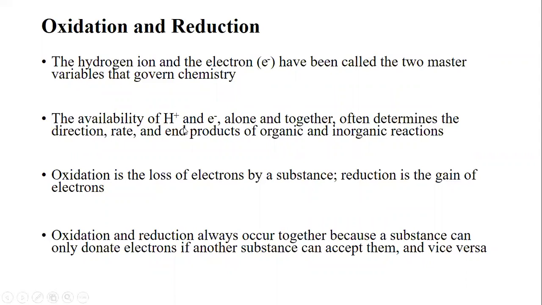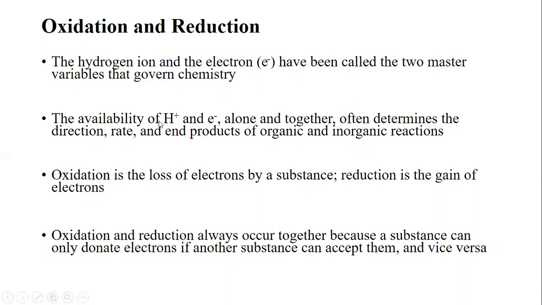The availability of hydrogen ion and electron alone and together often determines the direction, rate, and end products of organic and inorganic reactions. This is very important. This is why they call them the two master variables that govern chemistry.